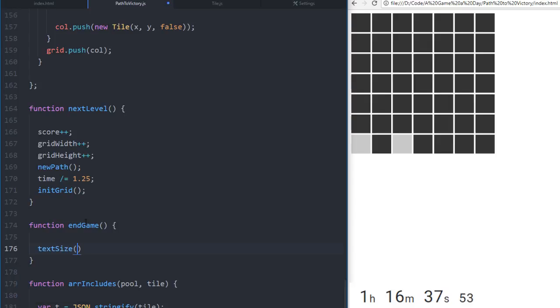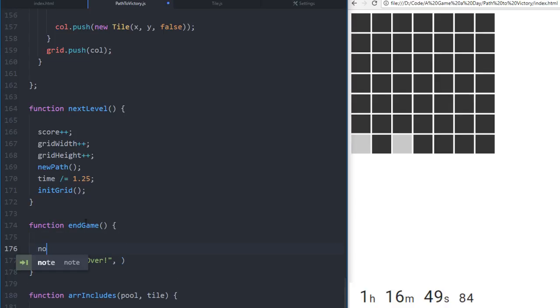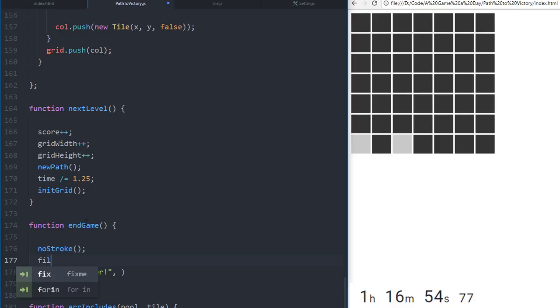Text size, or let's just say text game over, no stroke, fill 250, no. There, game over, width over 2, height over 2 there.